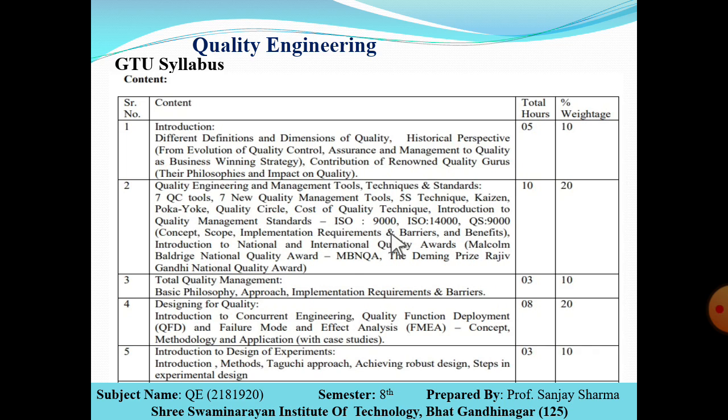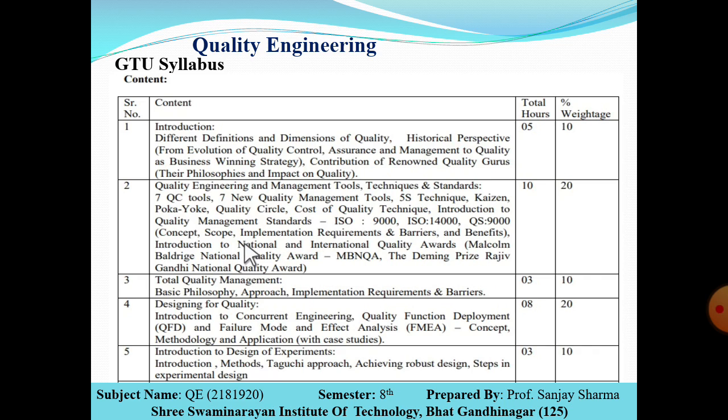It's very important that we know some standards mentioned by the International Standards Organization, such as ISO 9000, ISO 14000, QS 9000. What are these? These are the quality standards which we have to follow if we are going for a quality product.